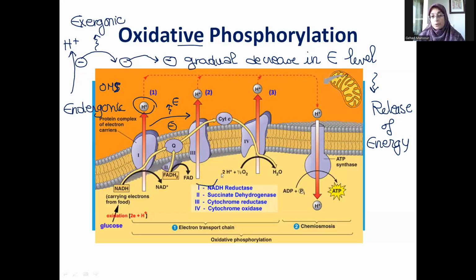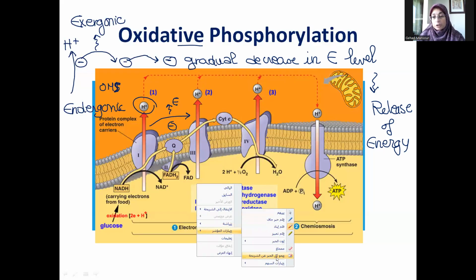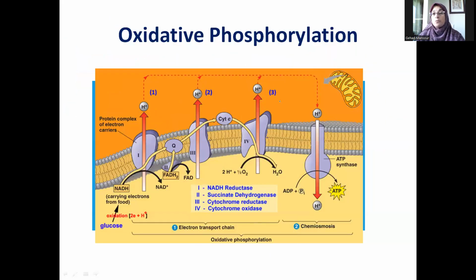So by the end of the electron transfer chain, we will see that we have accumulated the protons against the concentration gradient in the outer mitochondrial space, and that there is a lot of stored potential energy in those protons that have accumulated here.